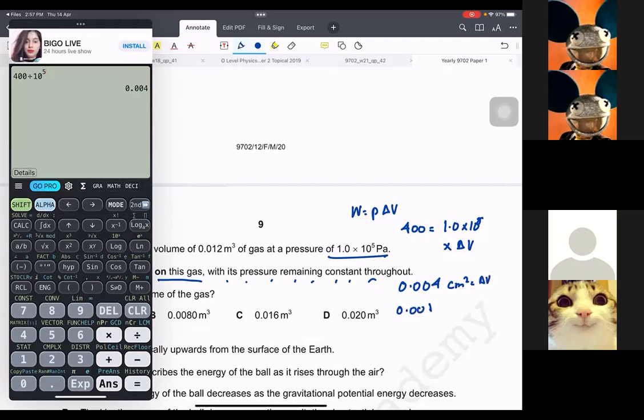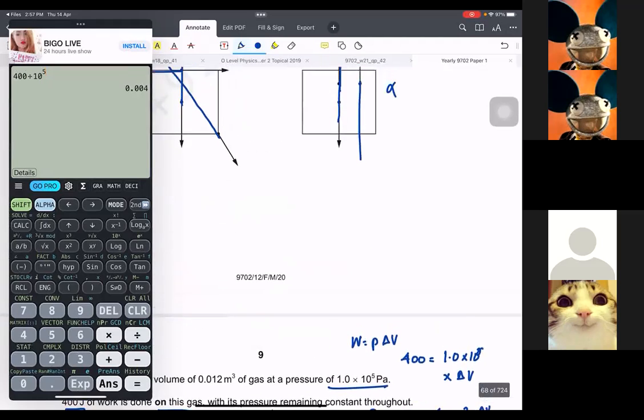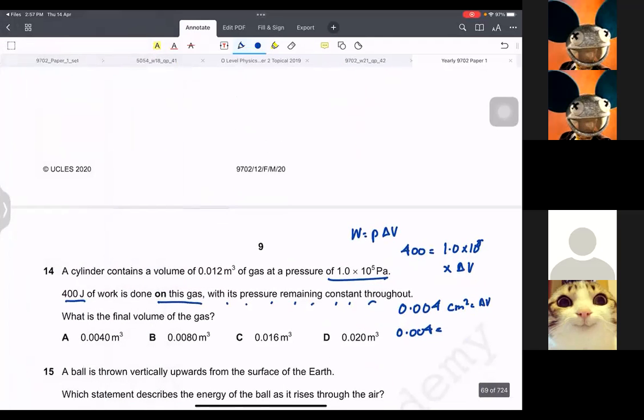So suppose work is done on the gas. Okay. So final minus initial is what we want to do. X minus 0.01. So you take it there, it adds up, and it should be, no, it should not add up somehow.